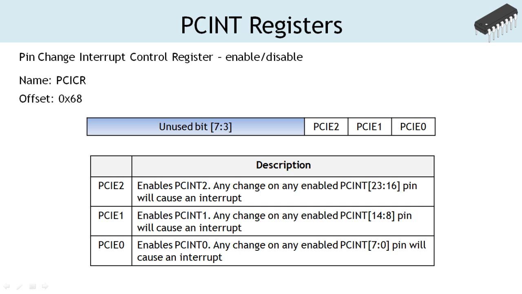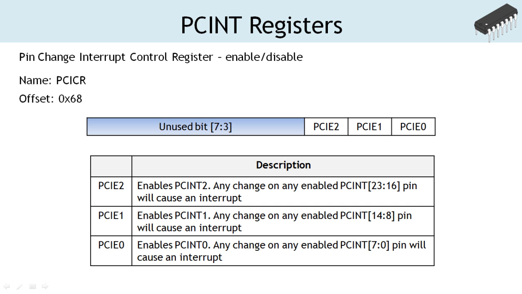Similarly, bit 1, that is PCIE1, and bit 2, that is PCIE2, control the pin change interrupt groups 1 and 2 respectively. Logic 1 enables the corresponding interrupt group and logic 0 disables it. The offset of the register is 68 in hex, and the load and store instructions are used to read and write to the register.